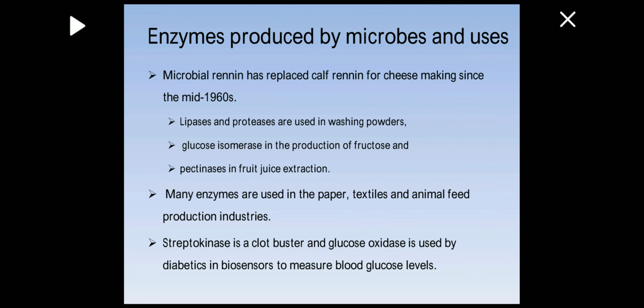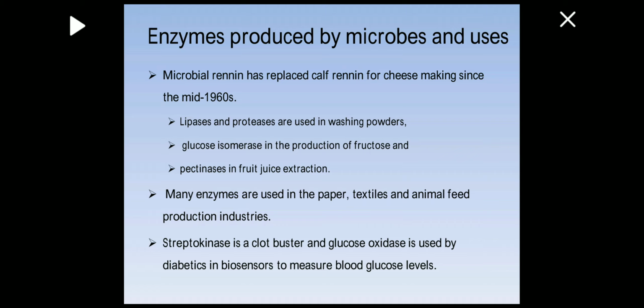Right, so enzymes produced by microbes and their uses. There are certain enzymes which are produced by microbes during the process of fermentation, and then they are utilized in certain important ways. Microbial renin has replaced calf renin for cheese making since the mid 1960s.